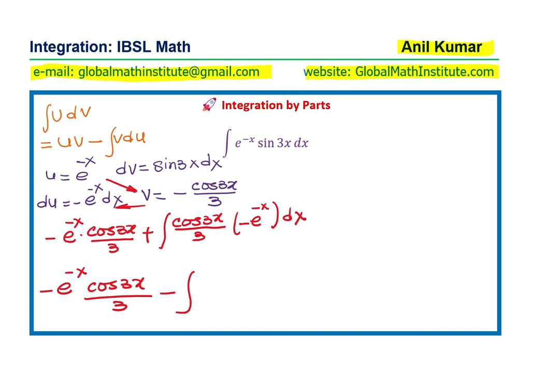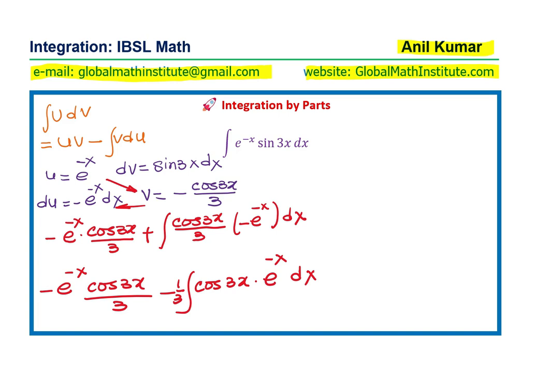We can take 1/3 out here, which is a constant, so we have cos 3x e to the power of minus x dx. So practically the situation is almost the same. Now to take care of this integral with cos 3x, we'll again apply integration by parts. And so once again, we are going to use uv minus the integral of v du.